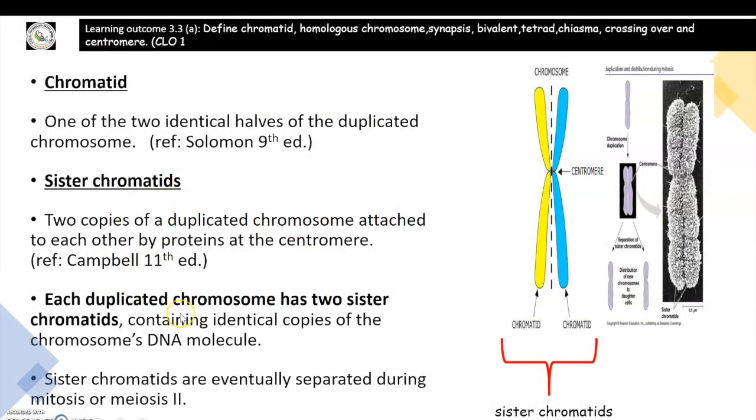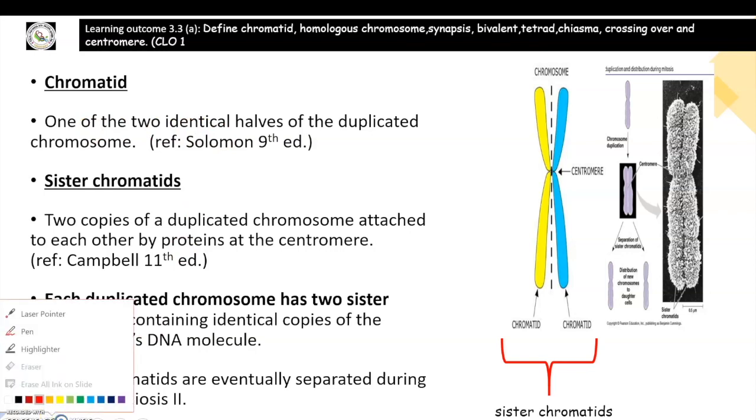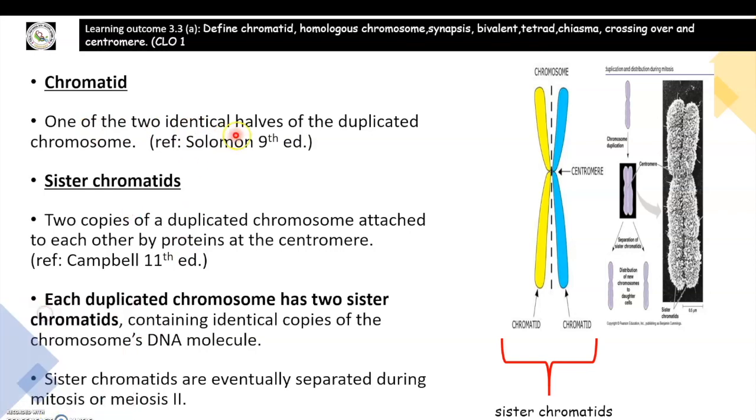Now we go on to the first term, chromatid. Chromatid means one of the two identical halves of the duplicated chromosome, and sister chromatid means two copies of the duplicated chromosome attached to each other by proteins at the centromere.